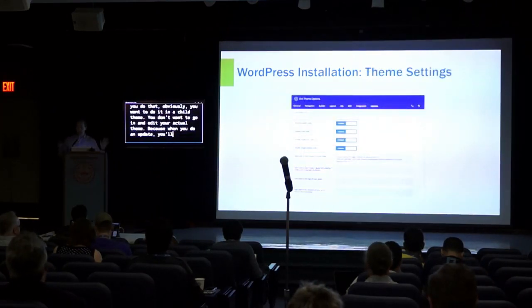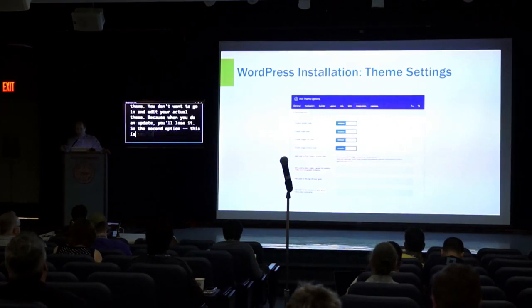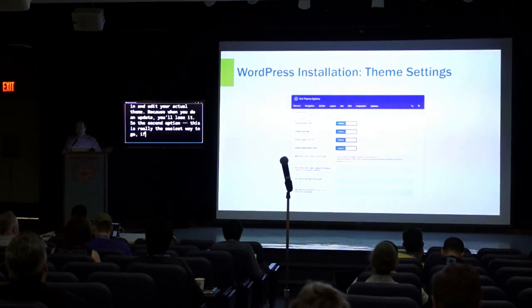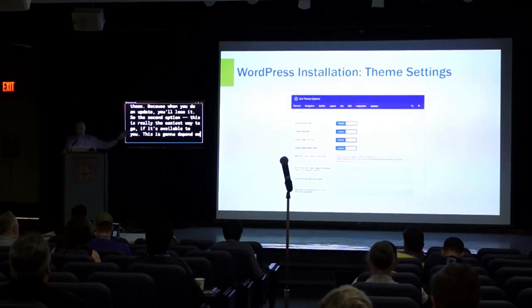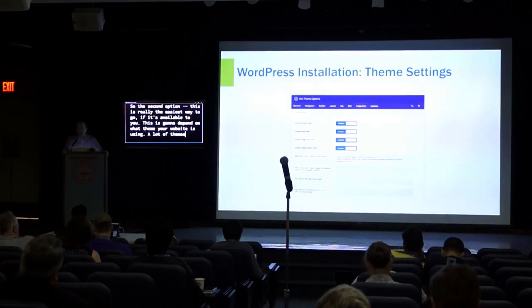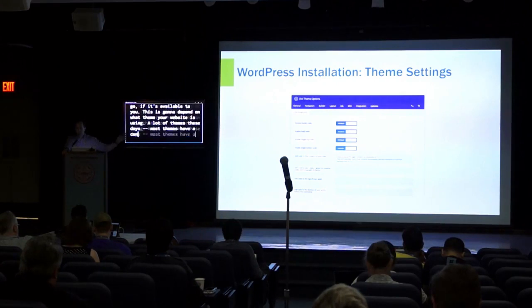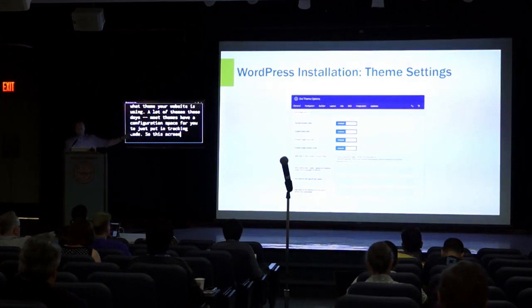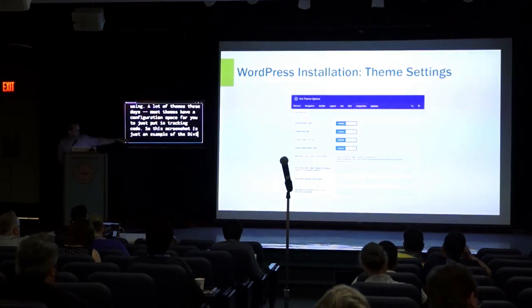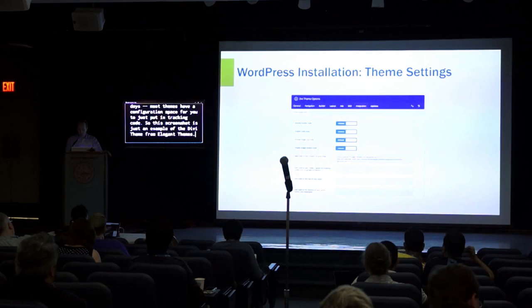So the second option, this is really the easiest way to go, if it's available to you. This is going to depend on what theme your website is using. A lot of themes these days, most themes have a configuration space for you to just put in tracking code. This screenshot is just an example of the Divi theme from Elegant Themes. It's got spots in there where you can put the code in.